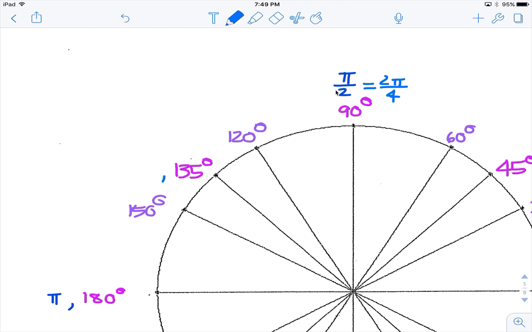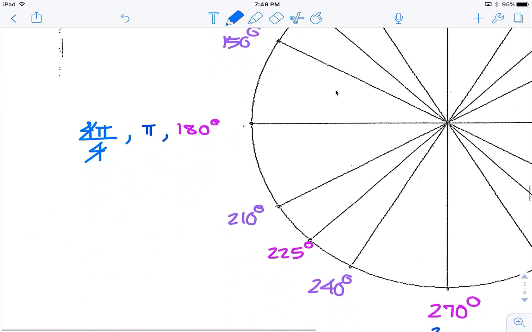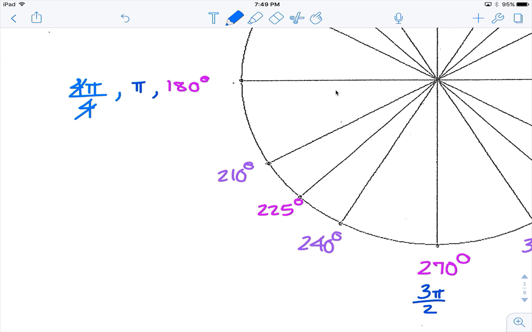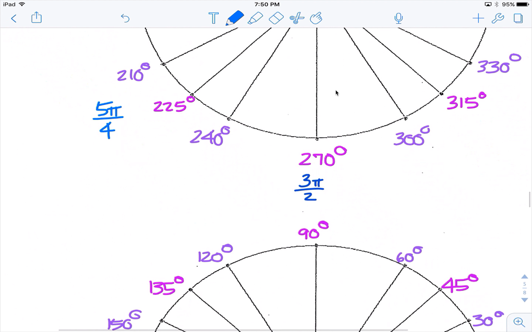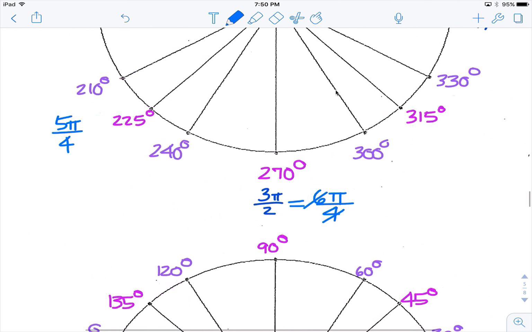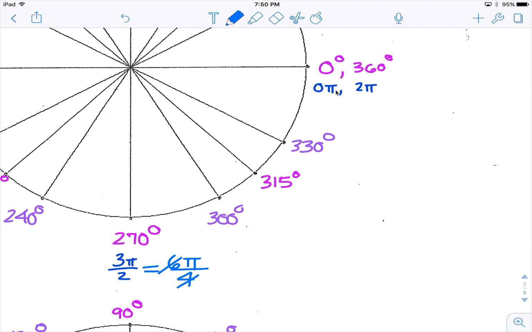Pi would be the same as 4 pi over 4, but we don't call it that, we just reduce it and call it pi. 225 would be 5 pi over 4. 3 pi over 2 would be the same as 6 pi over 4, which reduces to 3 pi over 2. 315 would be the same as 7 pi over 4.